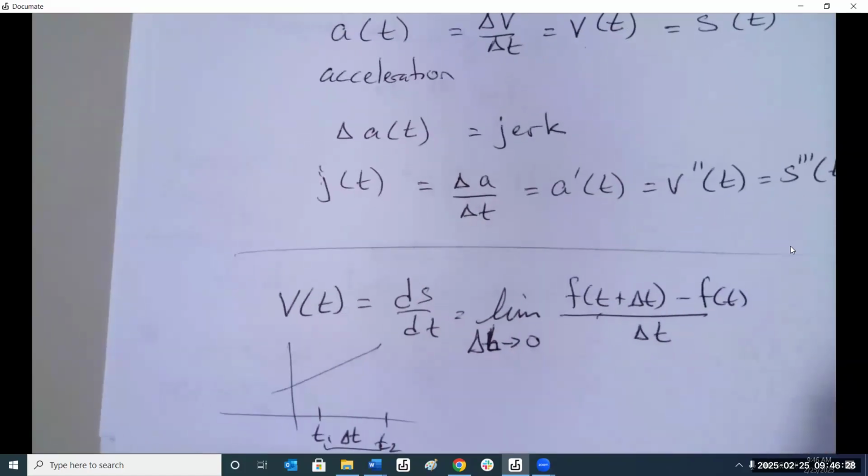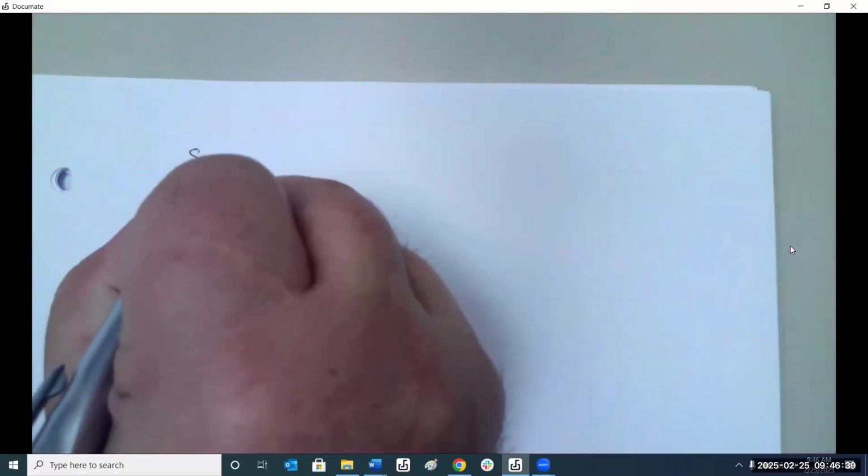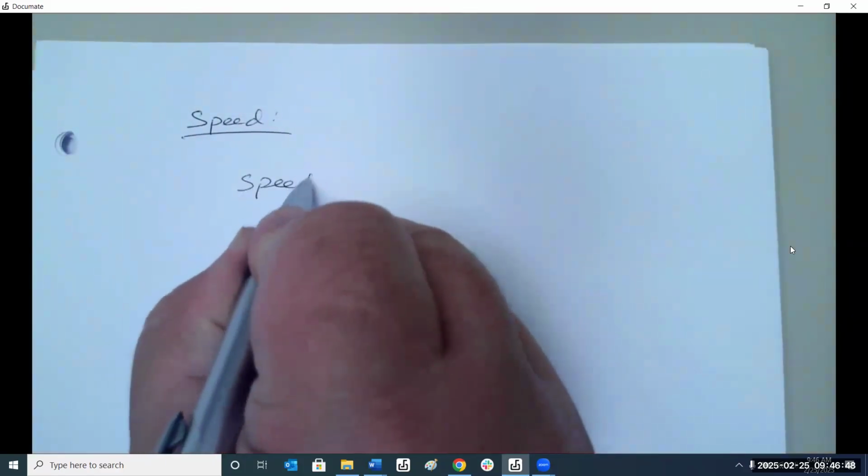One last thing. So that's velocity. What is speed? We use the term all the time. What does it mean? How fast it's going. In other words, how you determine how fast something's going is how far you've traveled over the period of time.